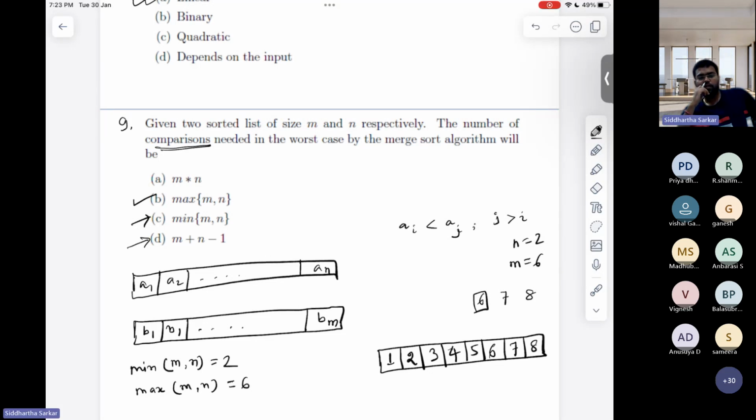But we have done more than 2 comparisons, right? So 2 is probably not the right answer. The min of m comma n is ruled out because of this counterexample that you are seeing. This is ruled out. Now we have 2 options.